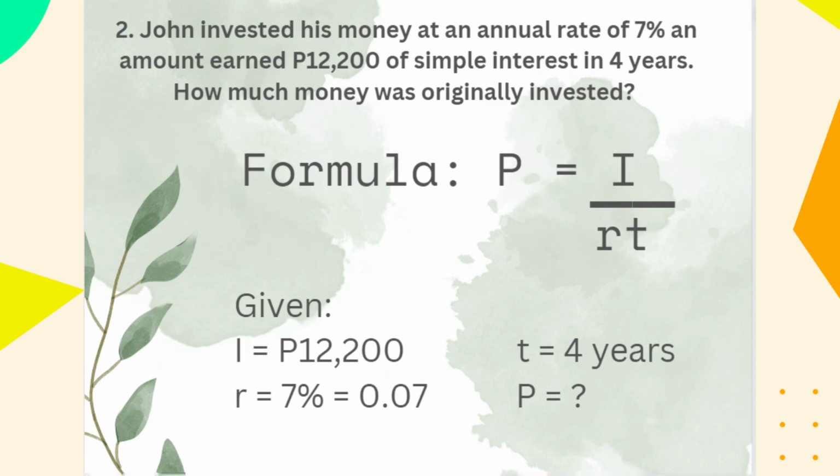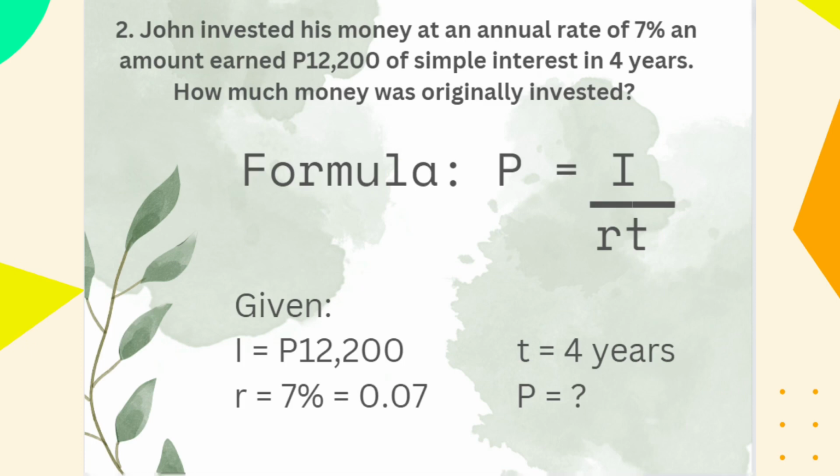Next, we have our second word problem. John invested his money at an annual rate of 7%. The amount earned 12,200 pesos of simple interest in 4 years. How much money was originally invested? We are looking for the principal amount, the total money invested.